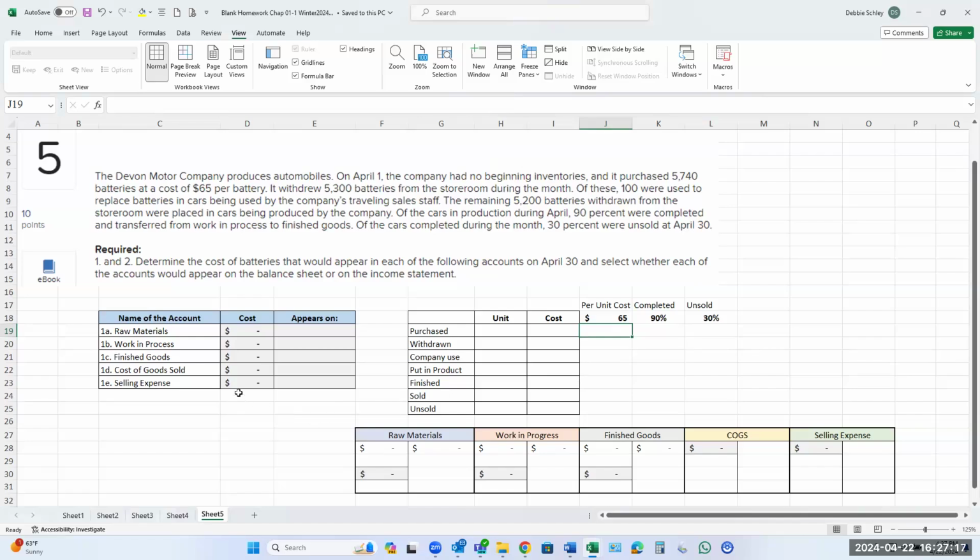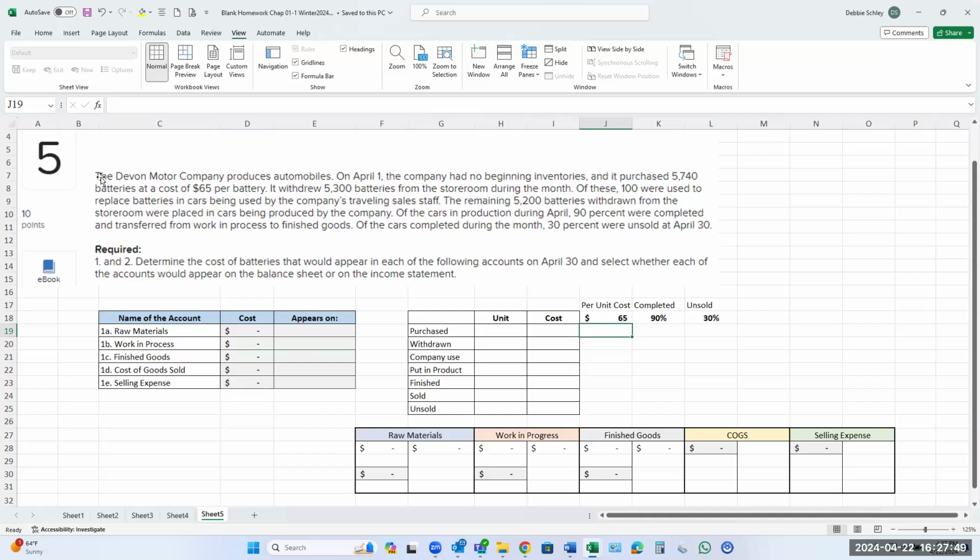For me, it helped to make the T accounts and have the numbers go into the T accounts, to help me figure out what the accounts would appear on the balance sheet or on the income statement as. And they want raw materials, work in process, finished goods, cost of goods sold, and selling expenses. So this is a visual to help you figure out what these ending balances will be.